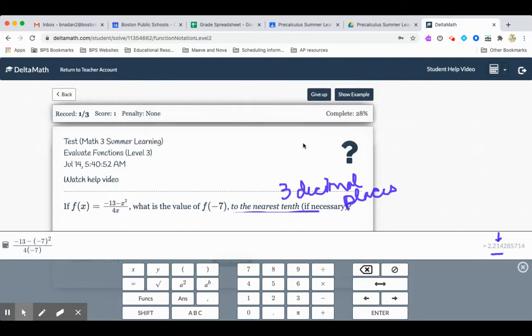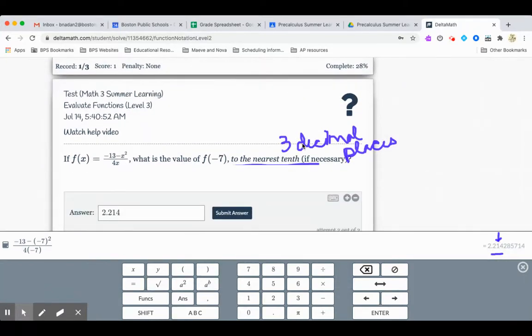Oh, good, I made a mistake. So let's just try to figure out where that is. Negative 13 minus x squared, yep, 4 times negative 7. Oh, because I can't read, man. All right. The nearest tenth is different. So I'm glad that I made the mistake because you probably will too.